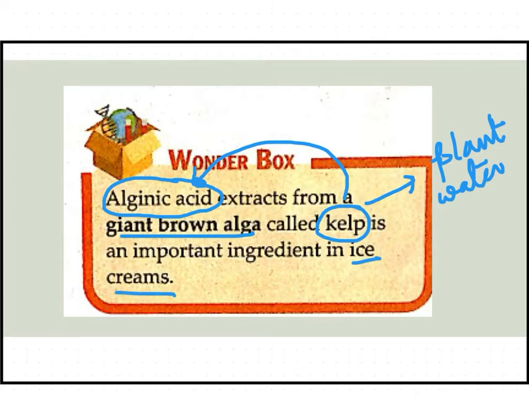We eat ice creams, don't we? So in ice creams, a substance called alginic acid is used, and this acid is obtained from the giant brown alga called kelp. So this was a wonder, isn't it? You didn't know this? I hope you've understood everything.